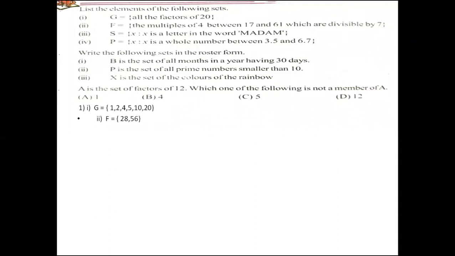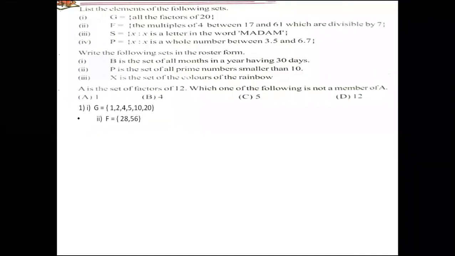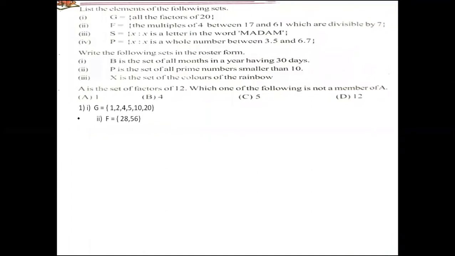The meaning of this question is, you have to write the multiples of 4 which are there between 17 and 61, and those multiples should also be divisible by 7. So if you write them, we have only two elements for this set, which are nothing but 28 and 56.